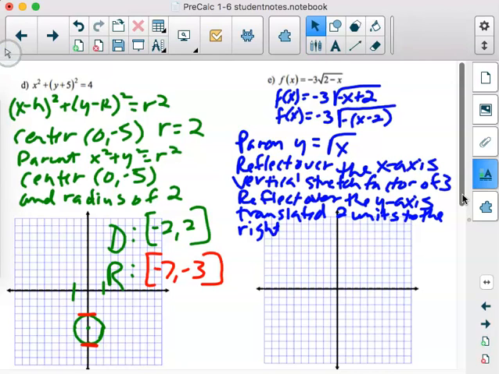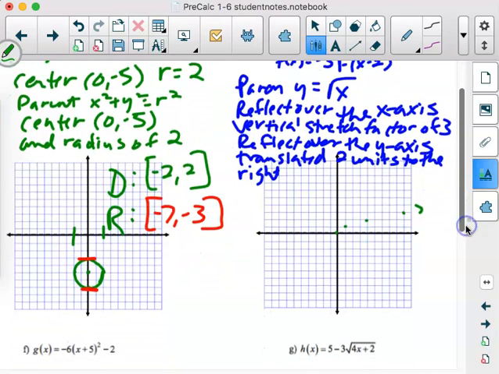All right, so square root function: (0, 0), (1, 1), (4, 2), (9, 3), just taking the square root. So there's the original. And now I want to follow all my transformations here. So I want to reflect over the x-axis and bring it down here. Then I have to vertically stretch by a factor of 3.